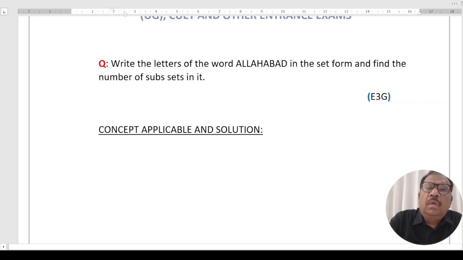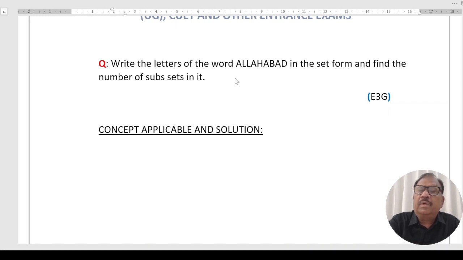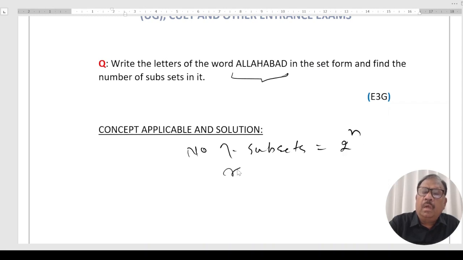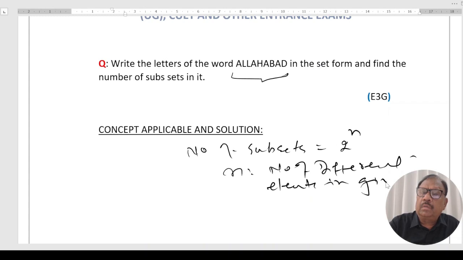Question is, write the letters of the word along with the set form and find the number of subsets in it. What is the formula for the number of subsets? 2 to the power n, where n is the number of different elements in the given set.